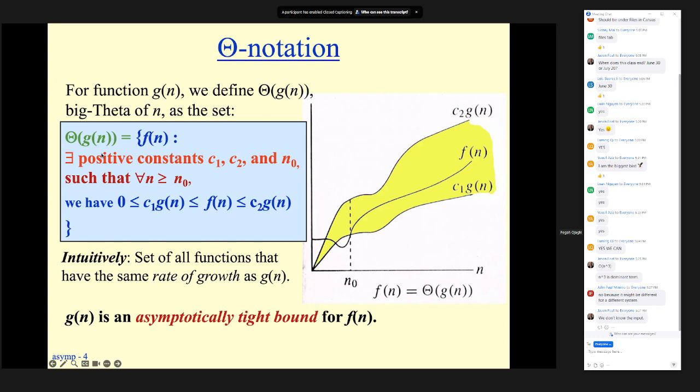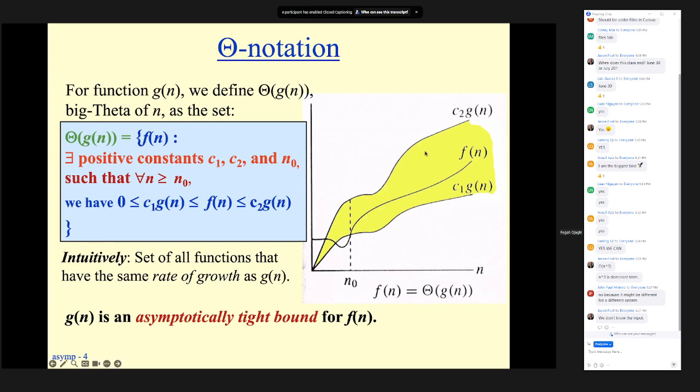Theta of g of n is the set of all functions for which there exist positive constants C1 and C2, and an n0, such that from that point onward, f of n is between C1 g of n and C2 g of n.